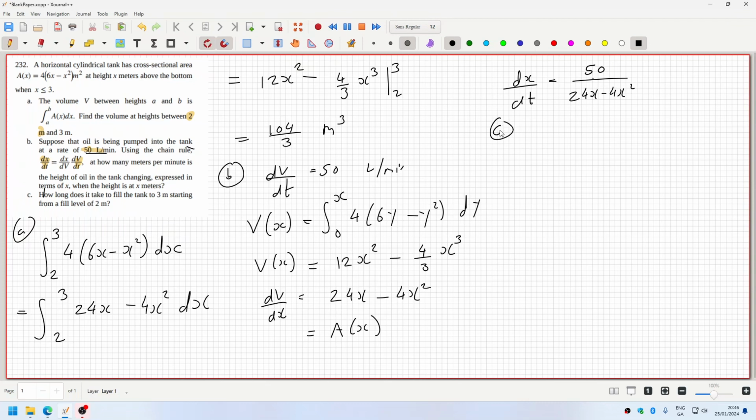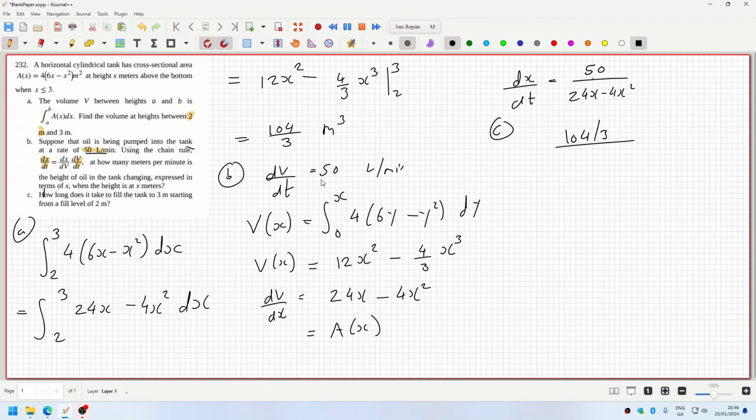How long does it take to fill the tank, the 3 meters, starting from a fill level of 2? Well, that would just be 104 over 3 divided by... Oh, actually, I guess we have to be a little bit careful here because we're using meters and here is liters. So I should use meters.